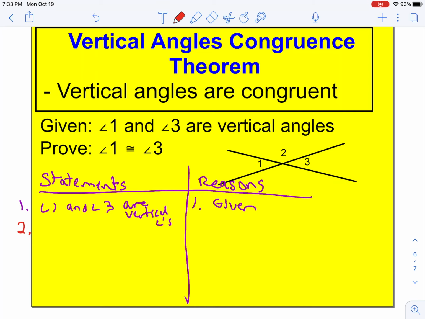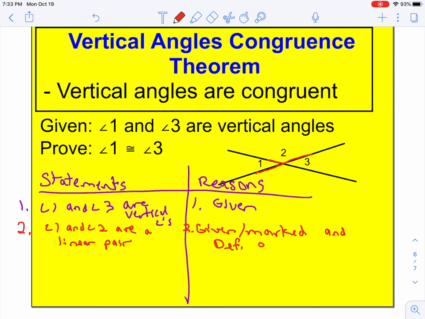Well, we can see that angle 1 and angle 2 form a linear pair. Okay, how do we know that? Well, because it's given or marked from the picture, and by definition of linear pair.